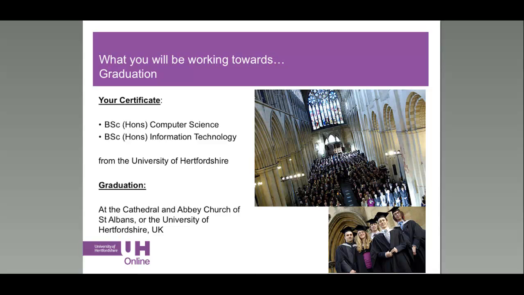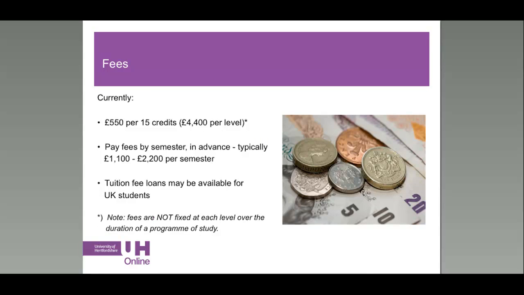So one of the questions that you might be asking yourself is fees. The fees for the program currently are shown here. The fee per 15 credits is 550 British pounds. This equates to 4,400 per level. However, you need not pay the full amount in one go.